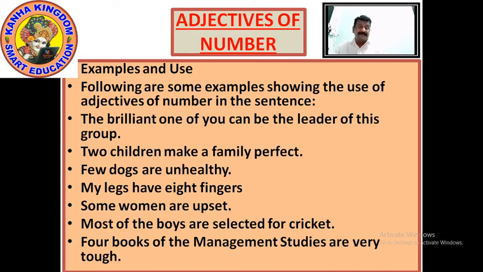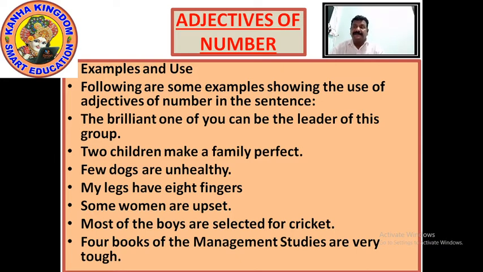Most of the boys are selected for cricket. Selected for what? For cricket. Who is selected? Boys. How many boys? Most of the boys. This is how you ask about the sentences and try to identify the nouns first. When you identify the noun, then you can identify the adjectives.